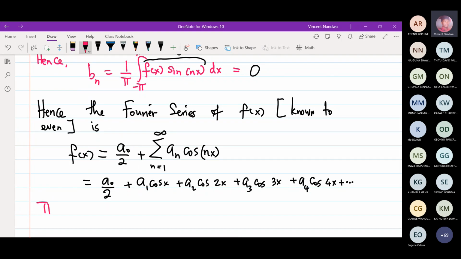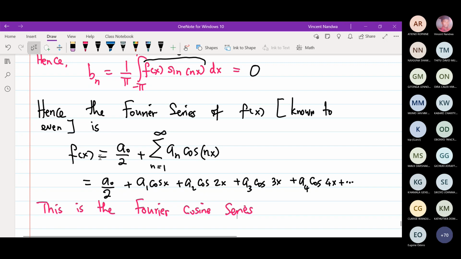So this is the Fourier cosine series of the function f of x. Remember that f of x should be known to be even in the given interval in the problem. So it turns out that when you do the Fourier series computation, the only trigonometric terms present will be cosine functions.